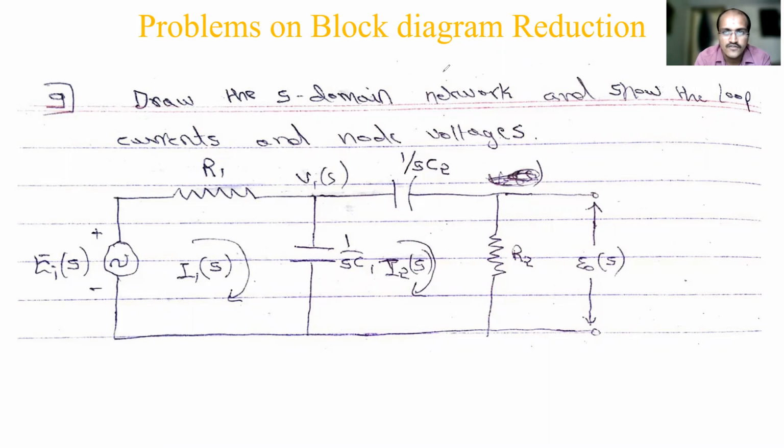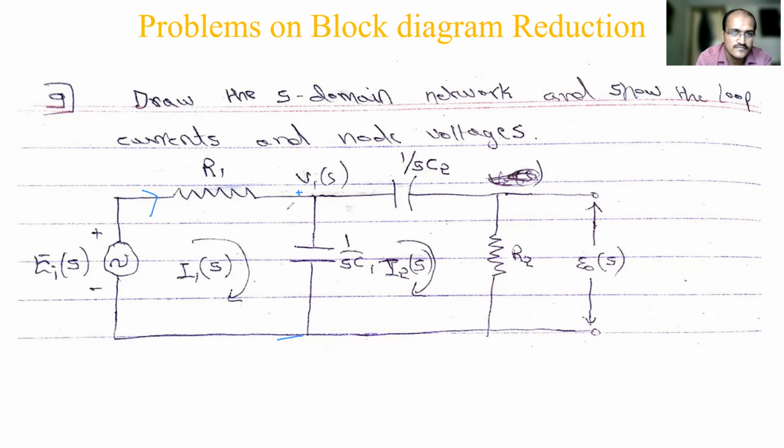Now we have to write the equations for this network. You are familiar with that writing, it is not a new thing. First, I1 of S is nothing but the current in this branch, which is Ei of S minus V1 of S, with plus and minus signs as common.